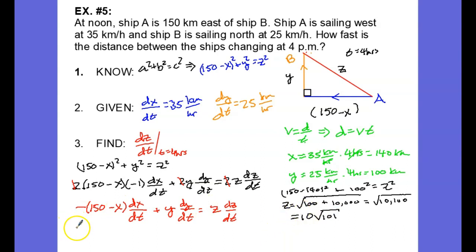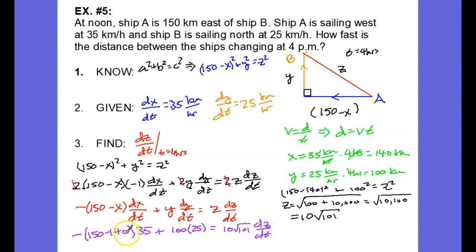All right, so let's go back to our equation here and substitute everything. This is going to give us negative (150 minus 140) times dx/dt, which is 35, plus y, which is 100, times 25 equals 10 radical 101 dz/dt.